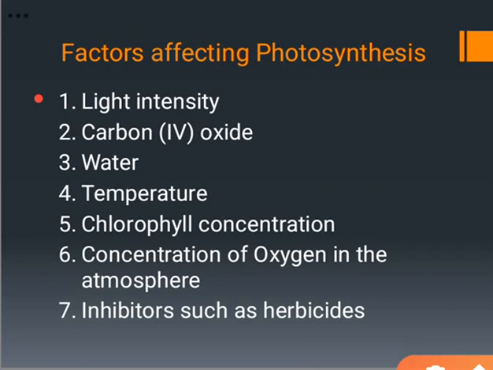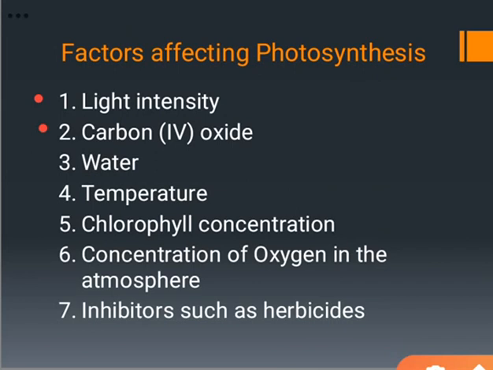When the light intensity, that is the radiation of the solar energy from the sun, is high, it will increase the rate of photosynthesis. But when the light intensity is low, when the light is dim, the rate of photosynthesis will be slow. Number 2, carbon dioxide.